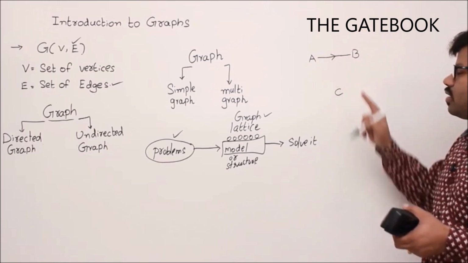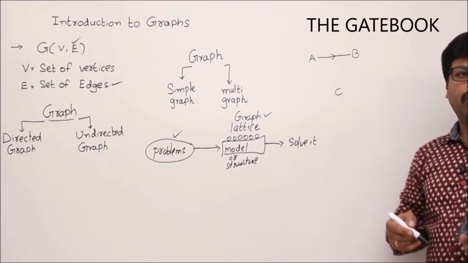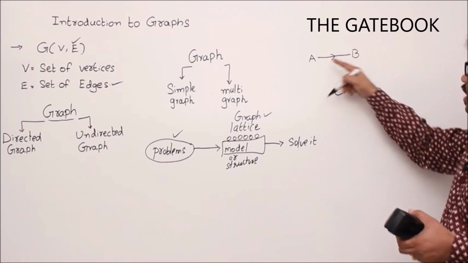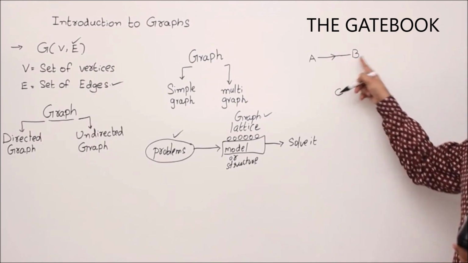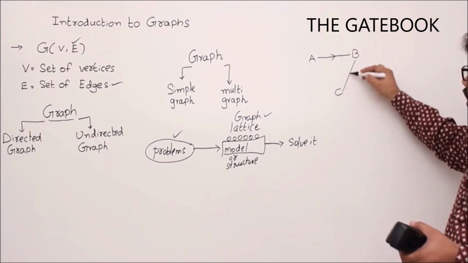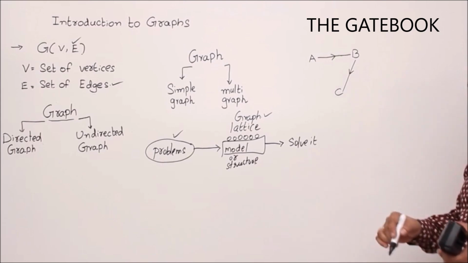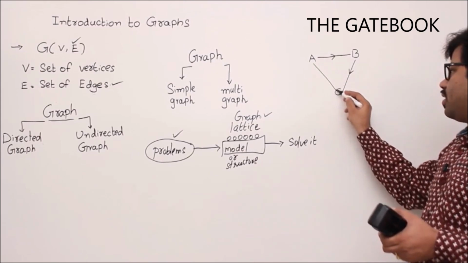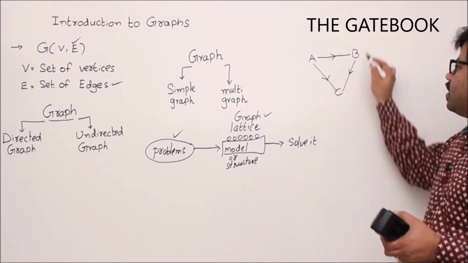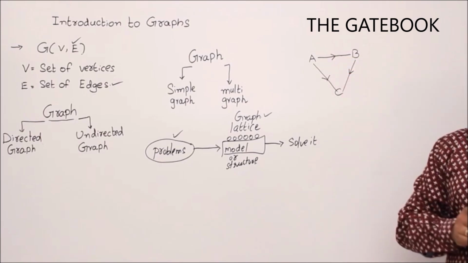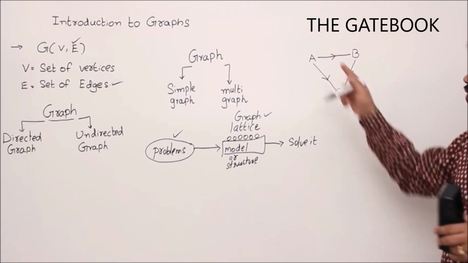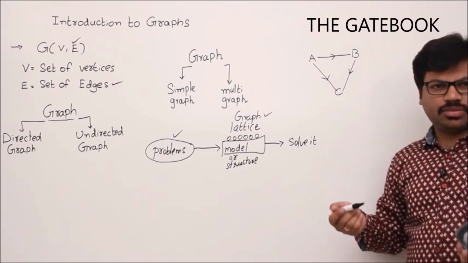These are all objects. Now why direction? Think about it. Because in the match between A comma B, A won the match. Similarly between B comma C, if B wins the match, and between A comma C, let's say A wins the match, then you get this kind of structure. This is nothing but a graph, because a graph is a set of objects and a set of relationships.